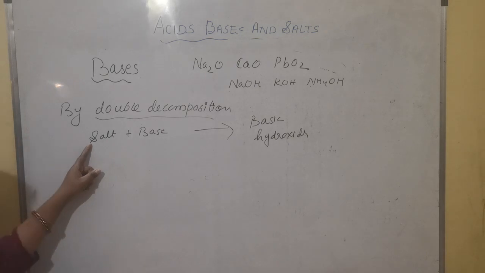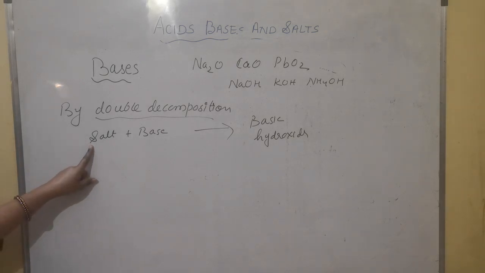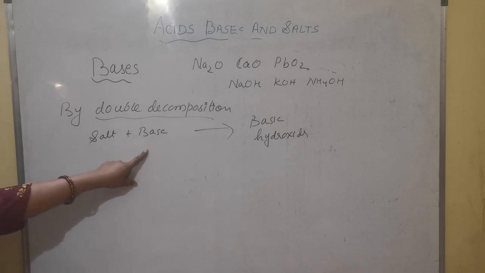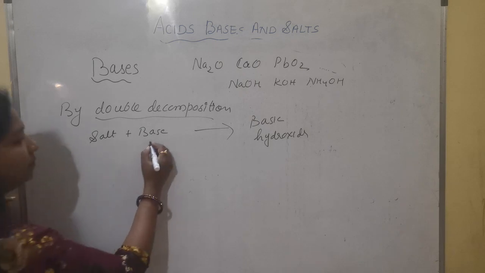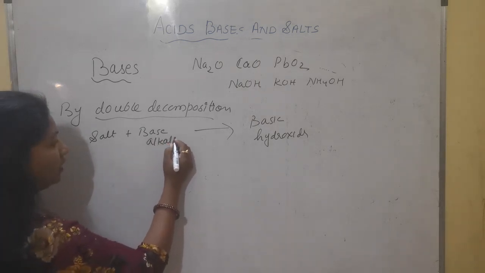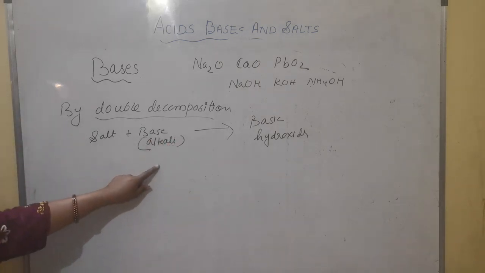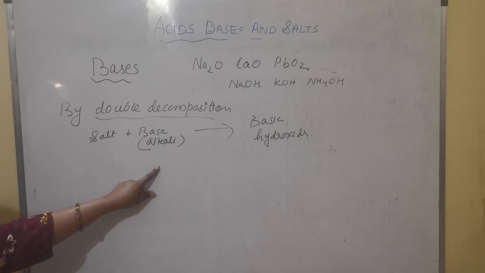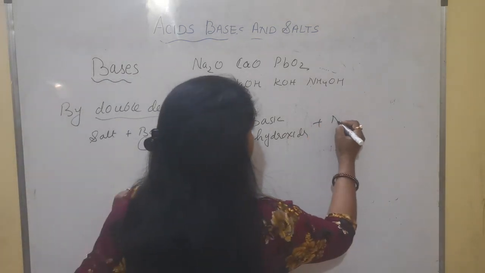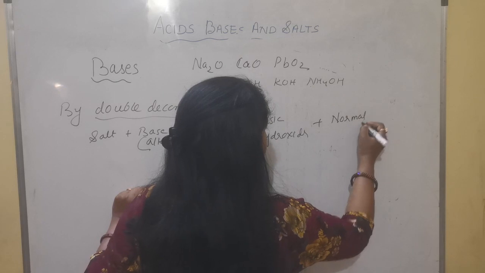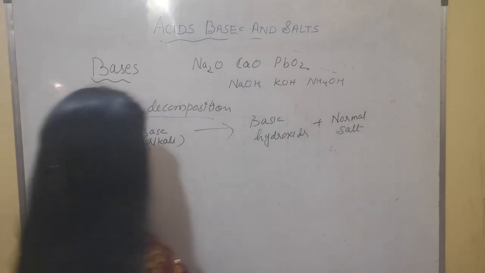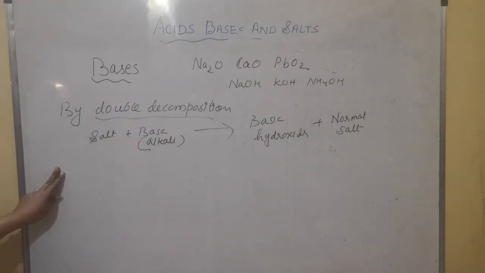A salt, any salt, say ferric chloride, copper sulfate, aluminium chloride, sodium chloride. These are all salts. When treated with a base, alkali, meaning a water soluble base, you are going to get a basic hydroxide and a normal salt. This is an example of double decomposition.